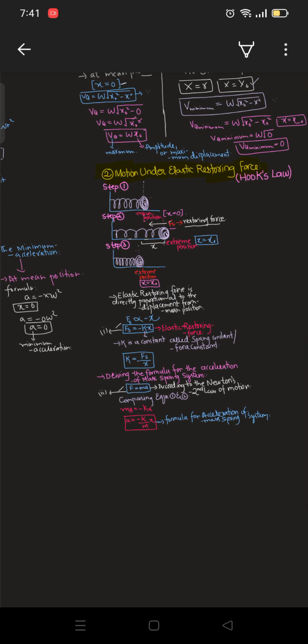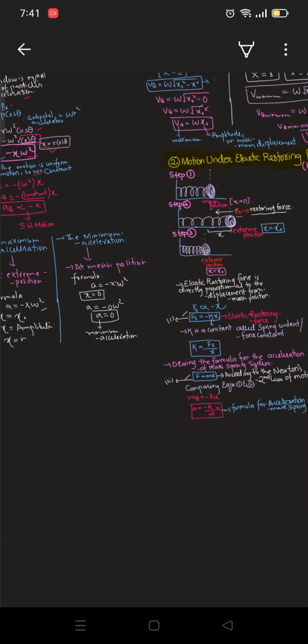Now we are going to derive the formula for finding the time period of a mass spring system, or time period of a motion under elastic restoring force.